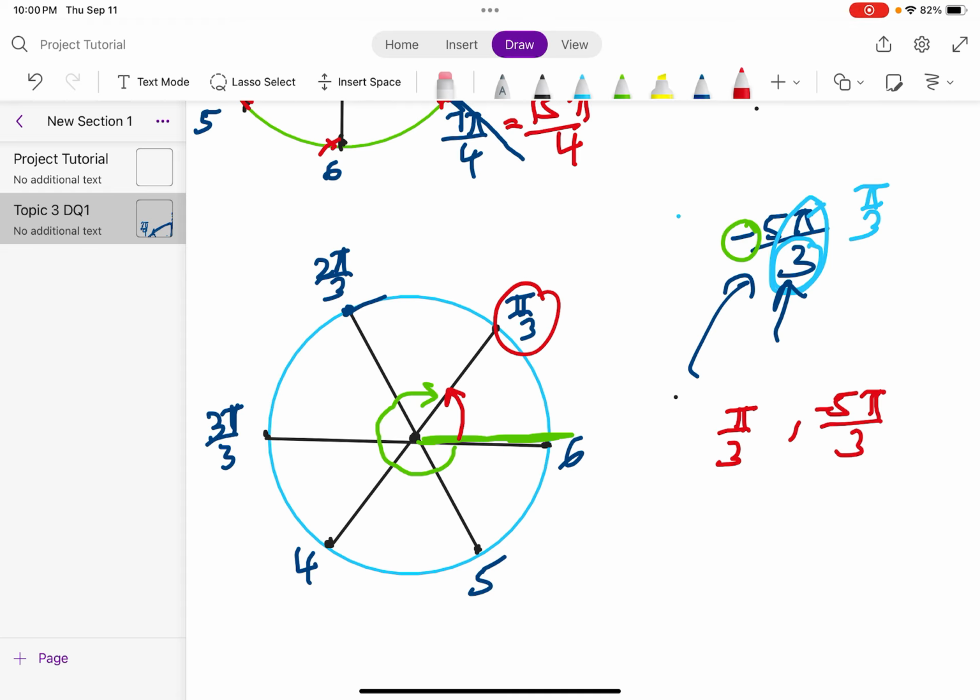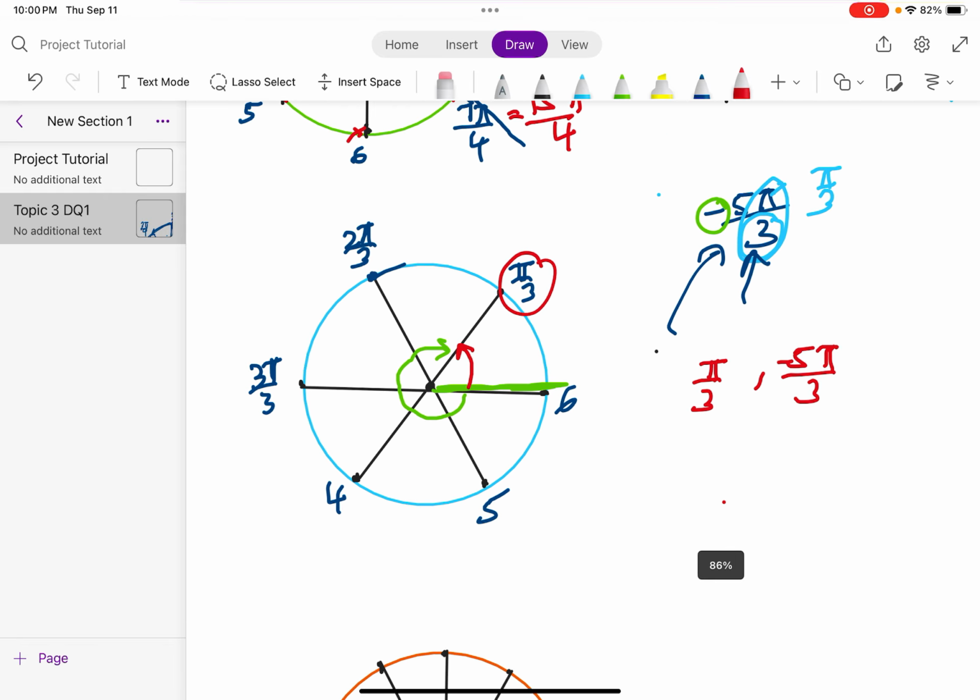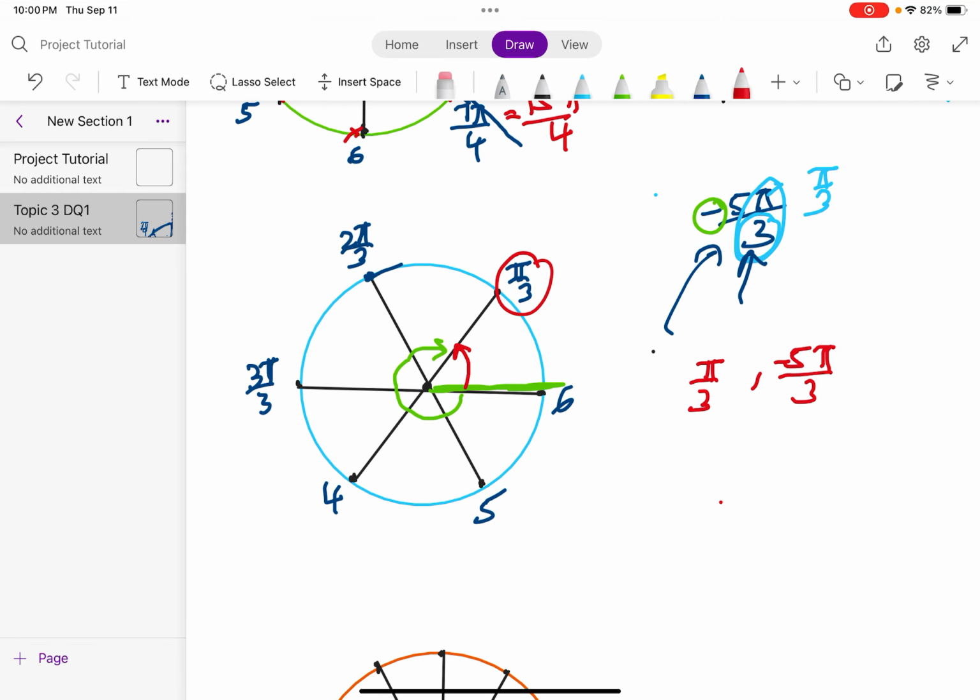Okay. And then the last one, if you have to deal with an angle that is pi over 6, like 7 pi over 6. Now, this time, the denominator is 6.